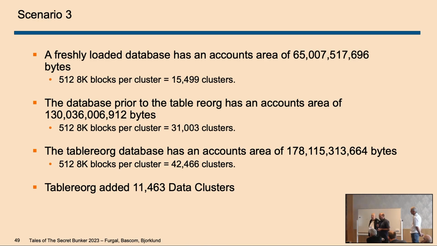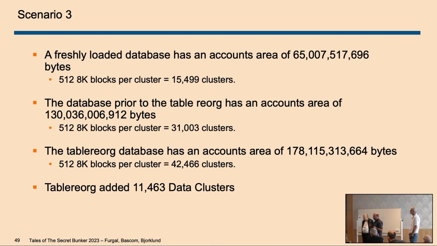So how big was the freshly loaded database? A freshly loaded database has an account area of exactly 64 gigabytes-ish, right? So that's 65 billion, 7,512 bytes. There are 512 8K blocks per cluster, which means that this held 15,499 clusters.